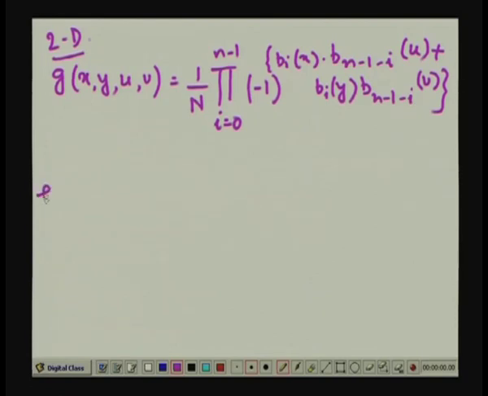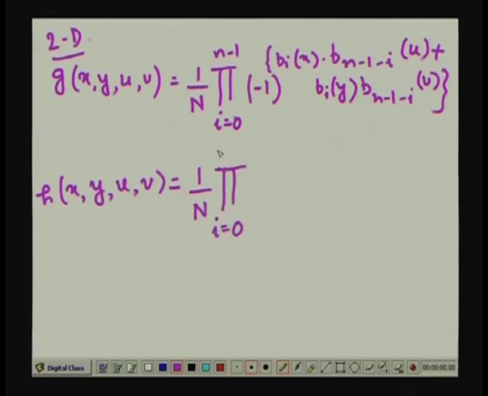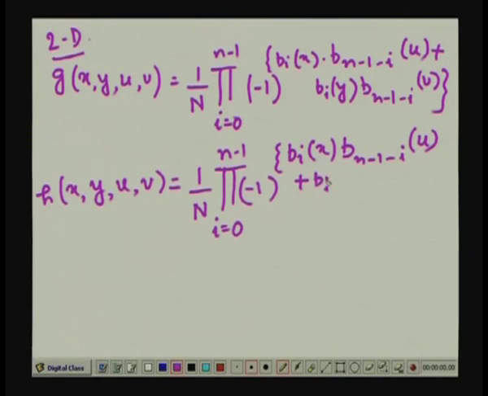And the inverse transformation kernel in this case is identical with the forward transformation kernel. So, the inverse transformation kernel is given by 1 upon capital N product again I equal to 0 to lowercase n minus 1 of minus 1 to the power b I x b n minus 1 minus I u plus b I y b n minus 1 minus I v.